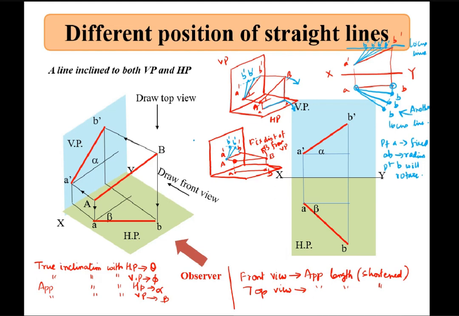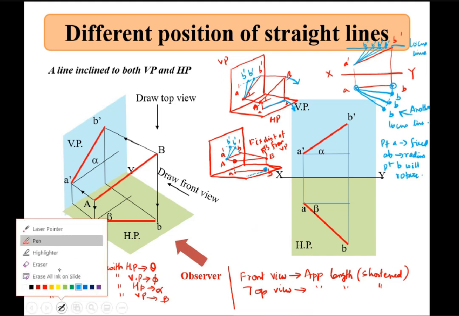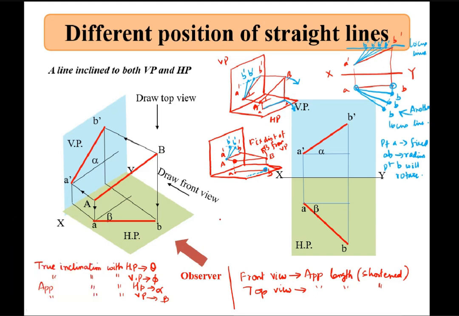It will rotate like this, and what will happen to this point B? It will come back like this, like this, a straight line. So how will it look here? This is my XY line, this is my AB, and this is my A dash B dash.